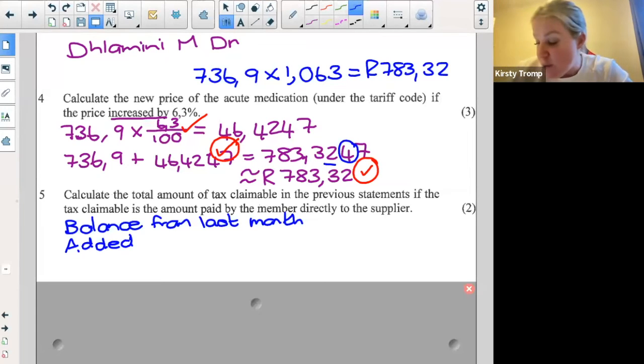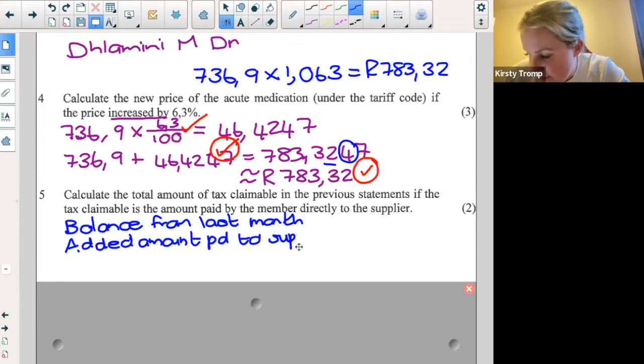We took the balance from last month, we added the amounts paid to suppliers, and that gave us the tax claimable here.